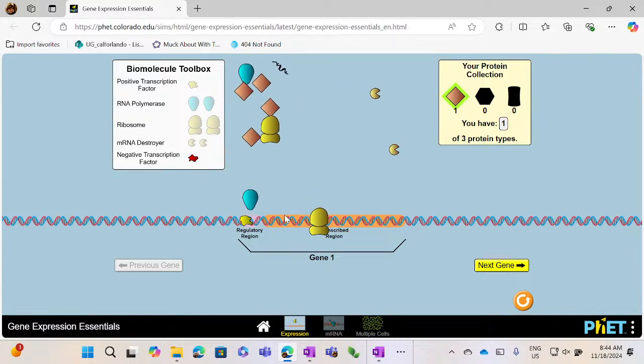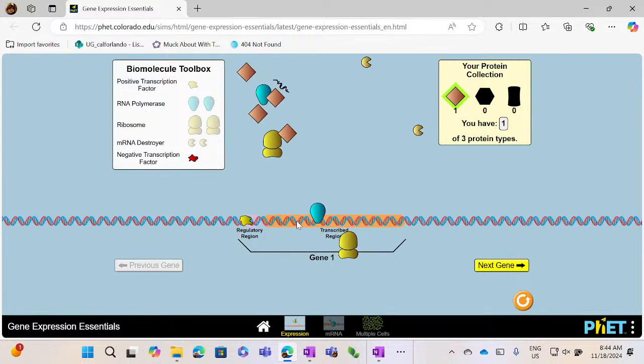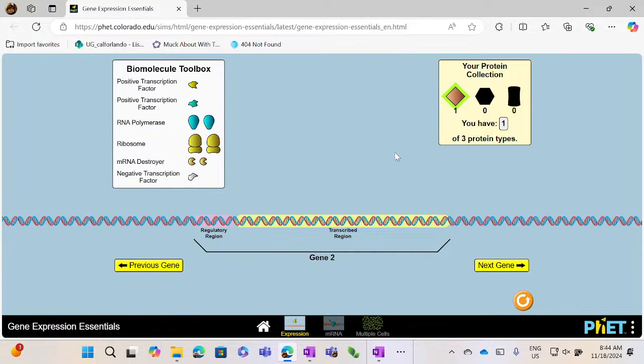But it has a high affinity, and so, look at that. Didn't make it. Looks like it made it. Didn't make it. Right?